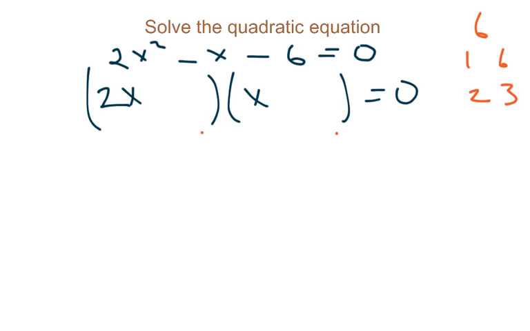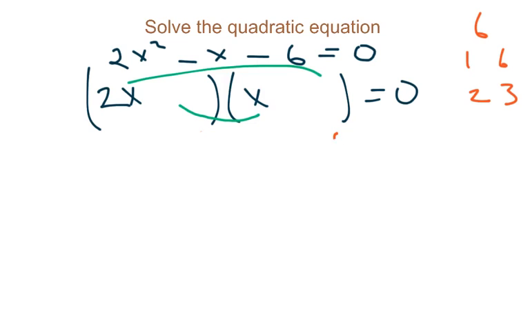Okay, let's just pencil in the 1 and the 6 here and see, could that possibly work? I would be multiplying a 2x by a 6 and a 1 by an x. That would give me 12x and 1x. Now there's no way that that can give me a minus x, so it cannot be 1 and 6.